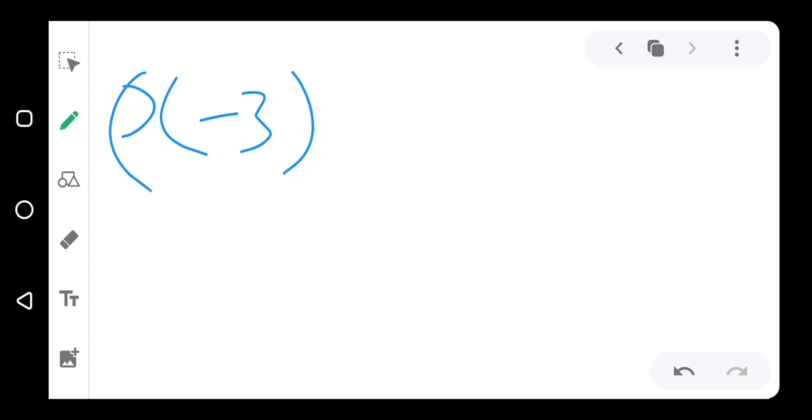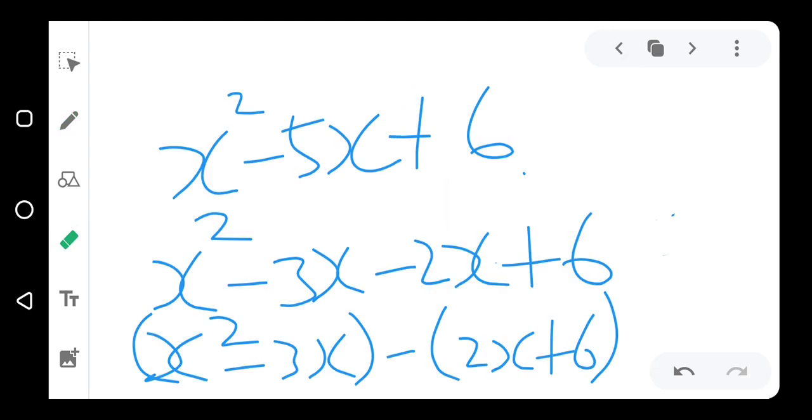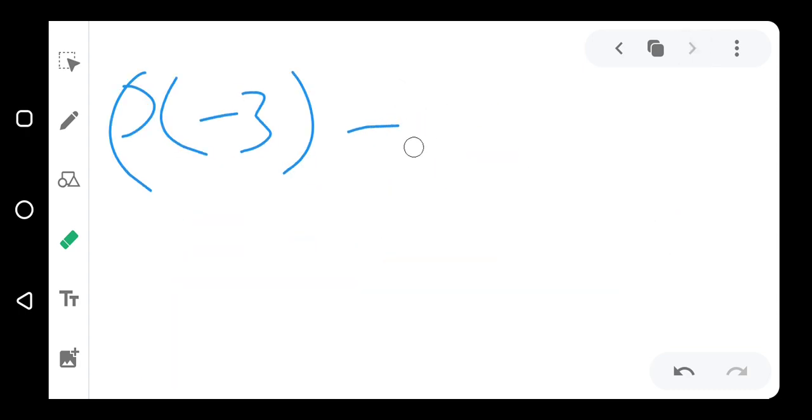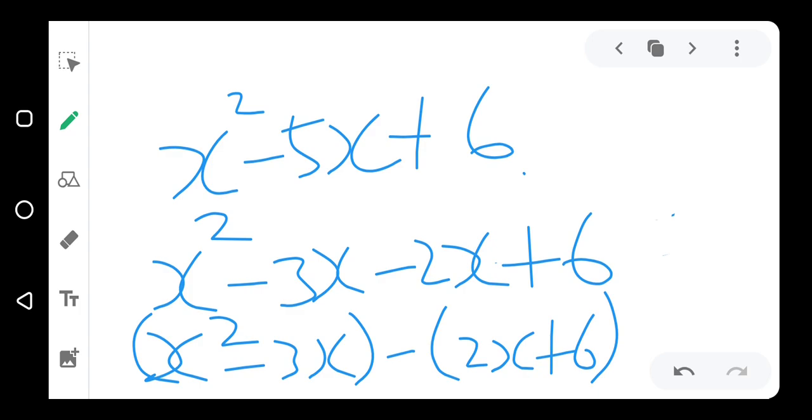Then this minus bracket: 2 is a factor, so we bring 2 out. 2 can divide 2x and divide 6, so we have minus 2 brackets. If it divides 2x, we get x.